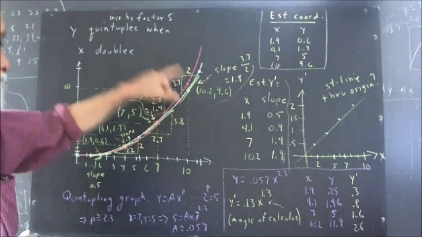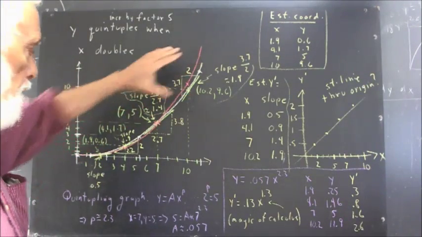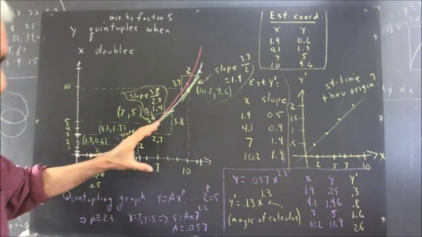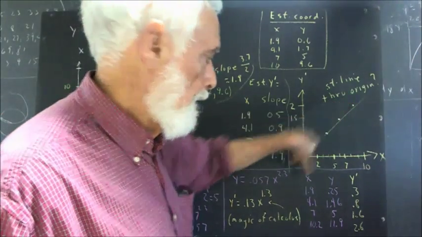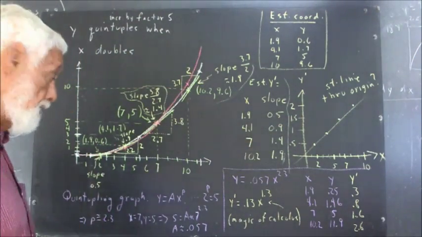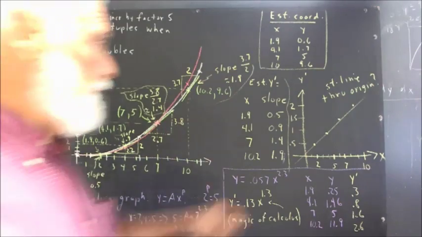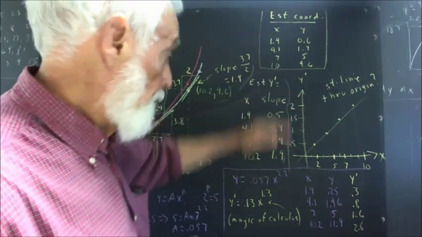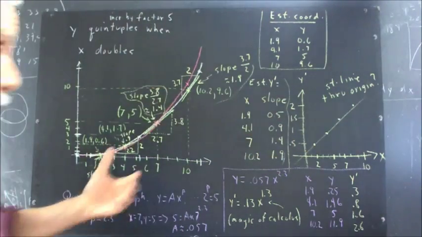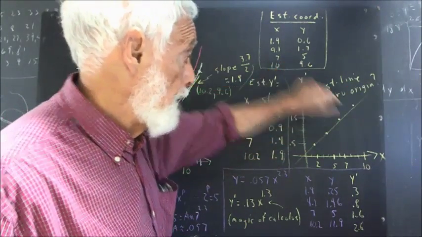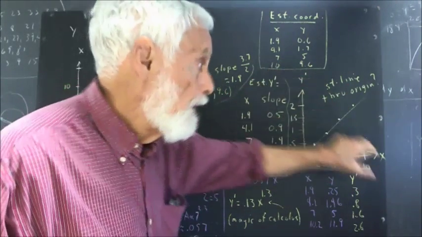If this graph was constructed correctly and all these quantities estimated accurately, we would not get a straight line through the origin. We wouldn't get a straight line at all. We'll talk about that. But it's not implausible, based on the construction we have here, that we do have a straight line graph of y prime versus x, slope versus x.